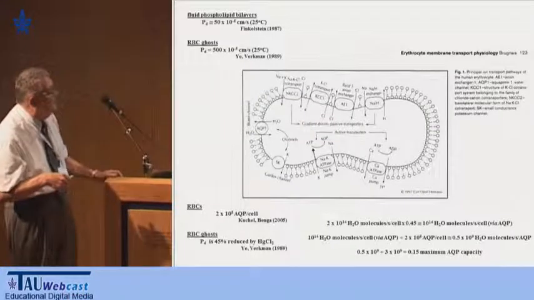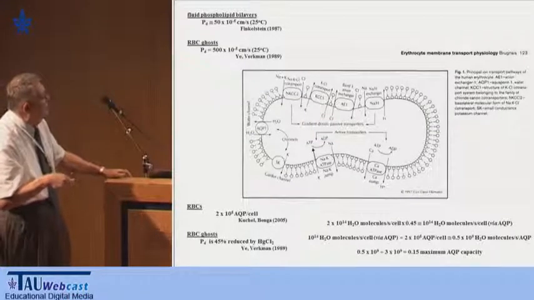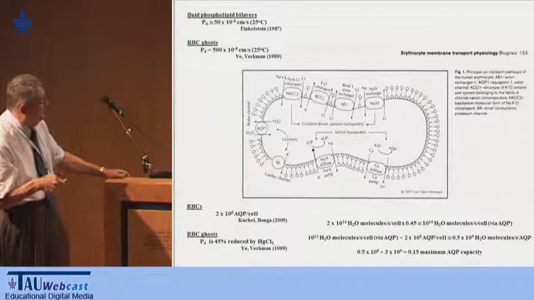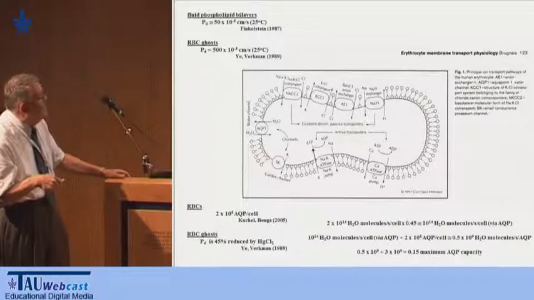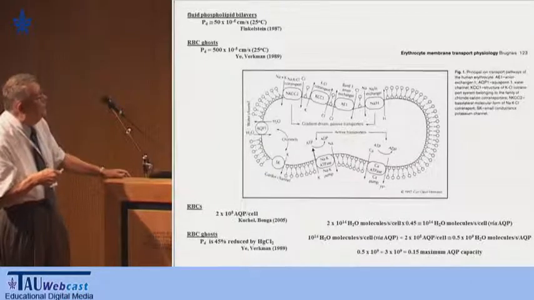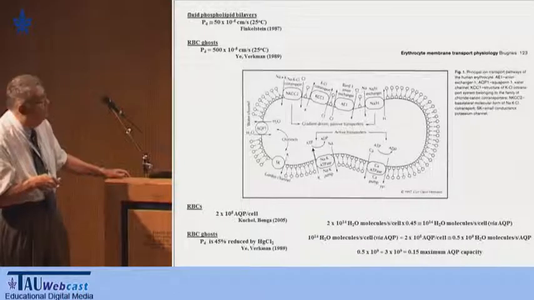This is a very busy slide, and I don't mean for you to look at it. A lot of it is to remind me of what to say, but it's a picture of an erythrocyte and a cartoon of the metabolism, and it's to remind me to tell you that of the flux of 10 to the 14th water molecules per second per cell, it turns out from all kinds of experiments from a number of people that only about 45% of that flux is going through aquaporin channels.